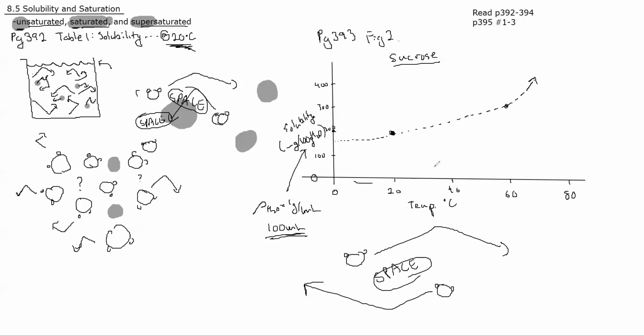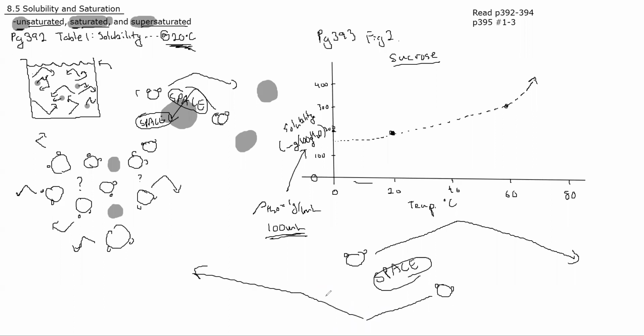So again, terrible analogy, but if it had more kinetic energy, as opposed to moving up to here, maybe it would travel further. In essence, the space that is found between the water molecules will increase.